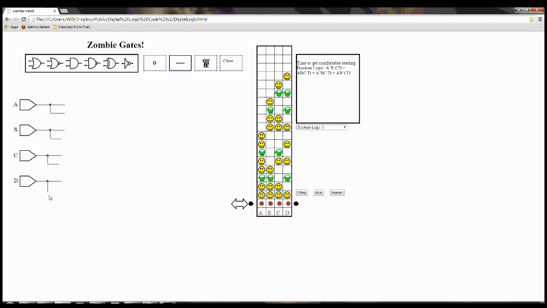I should put those inverters down right now. Every time I want to use A, I can just pull it off of this branch. Every time I want to use not A, I pull it off of this branch. Same for B, C, and D.